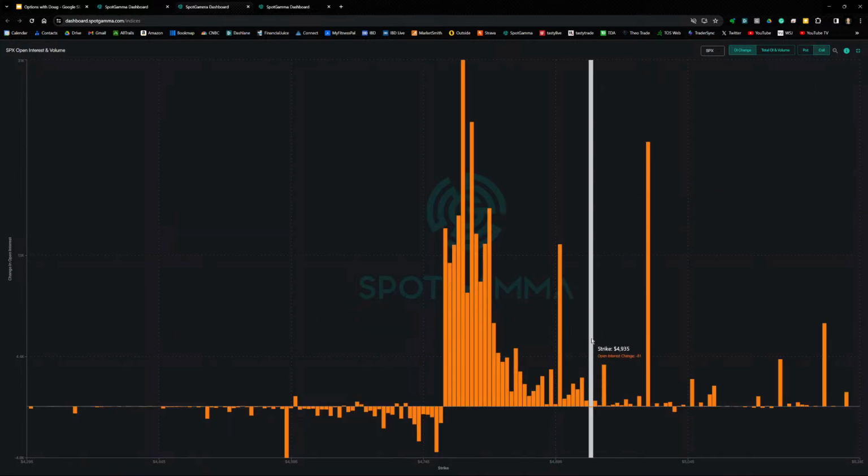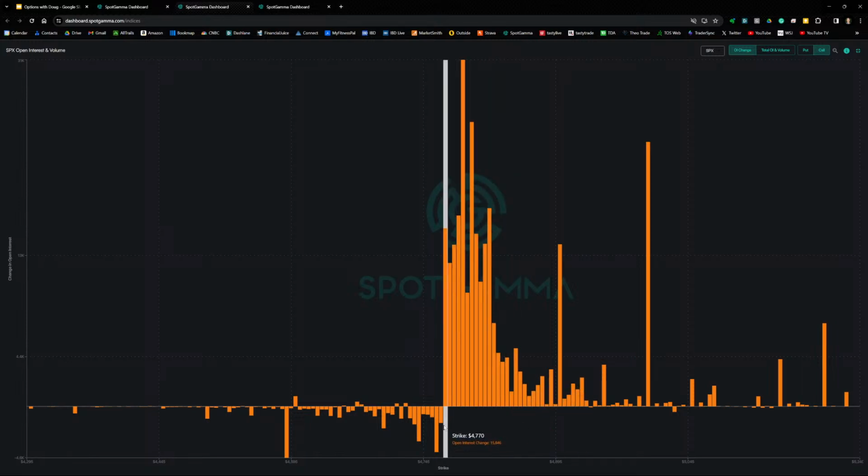So above the zero line, these are calls added, and below the zero line, calls closed. Open interest is closing there. So that is just above that 4745 volatility trigger.